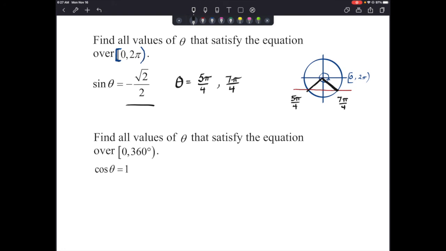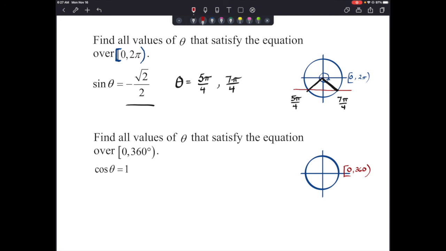Looking down below, it says find all values of theta that satisfy the equation over 0 to 360. So this is the same kind of problem, except now we're talking about degrees. If you want to draw out your unit circle, you can do that. But just remember, your domain here is going to be from 0 degrees to 360 degrees. You'll include 0, but you're not going to include 360 in your answers.